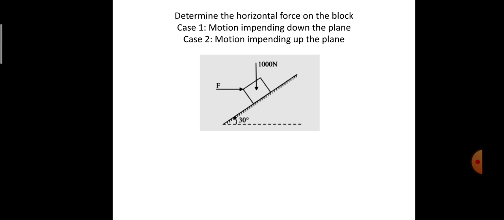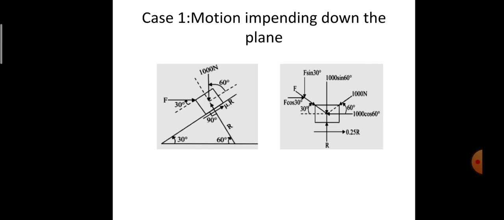The second is the magnitude of the force F acting on the object whenever the object moves up the plane. So we have the first case as the motion impending down the plane.